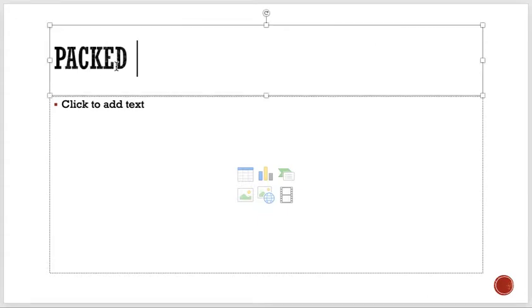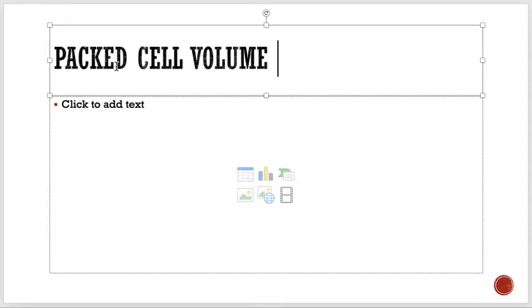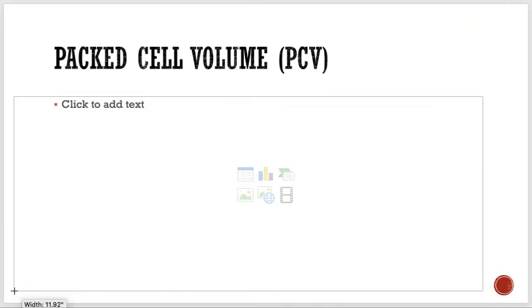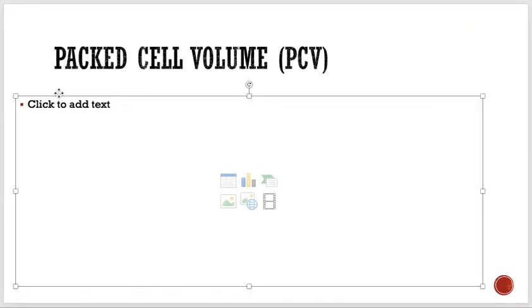Packed cell volume, the short form is PCV, of course, right? Now, to talk about packed cell volume, one of the results they give us in the CBC report is PCV, the packed cell volume.